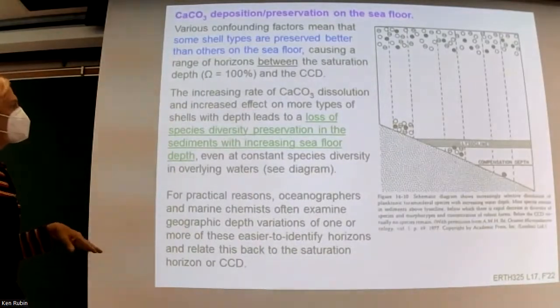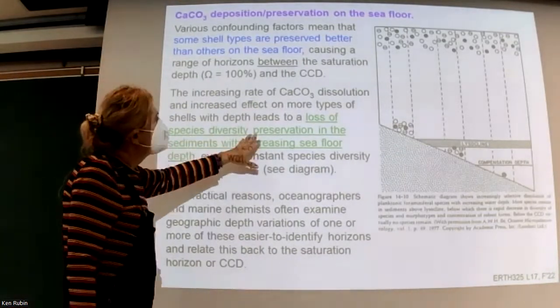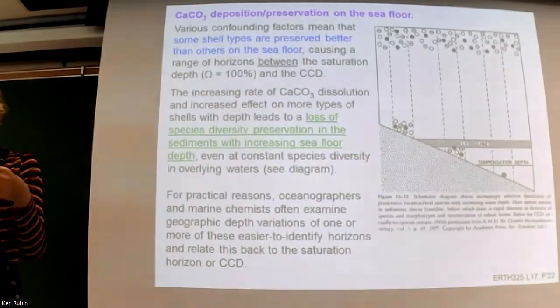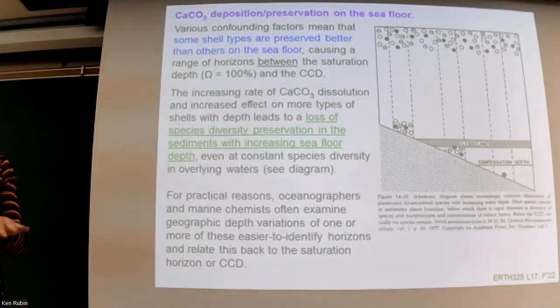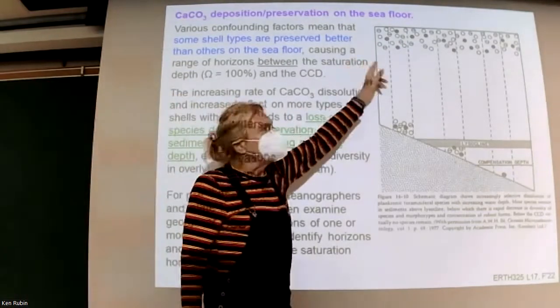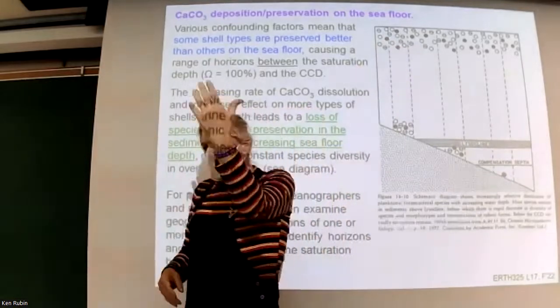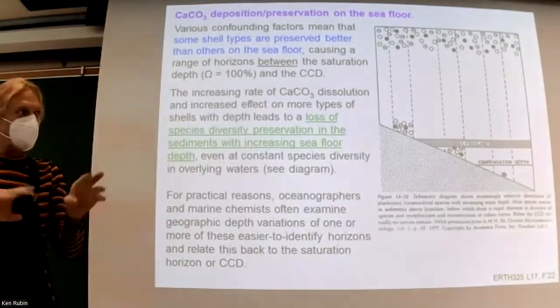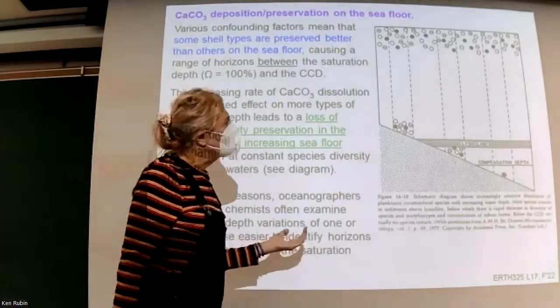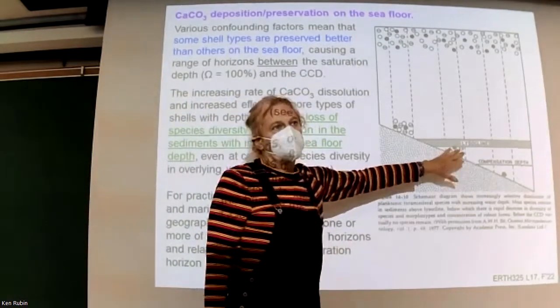The lysocline is essentially the place where we start to see a significant change in the population reflected on the seabed of shells relative to what we know is above it. So let's say you did a plankton tow up here, and someone went through and looked at all the species and counted them up and said, yeah, we got so many coccoliths, so many pteropods, so many forams. And they look down here and they see a different proportion.